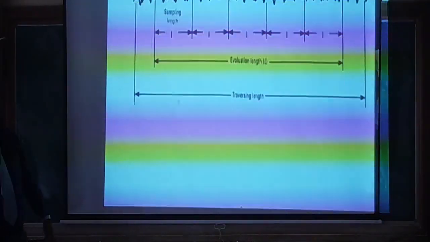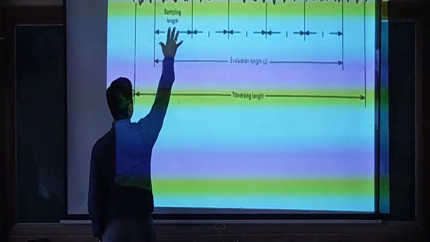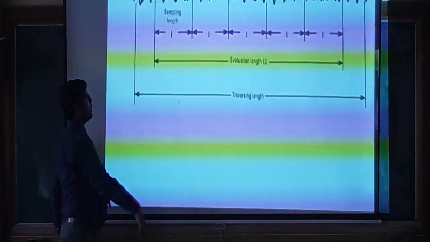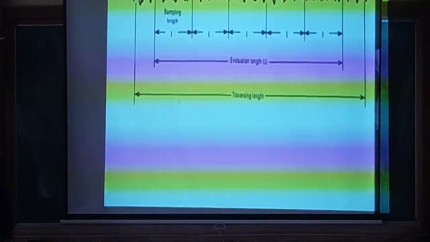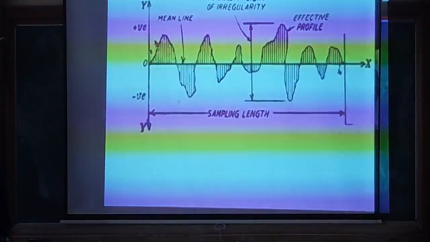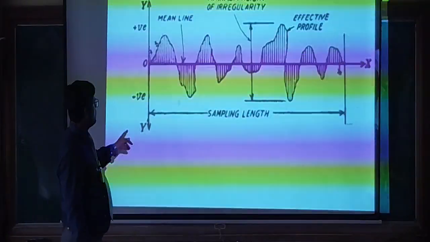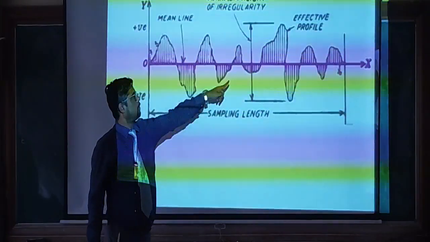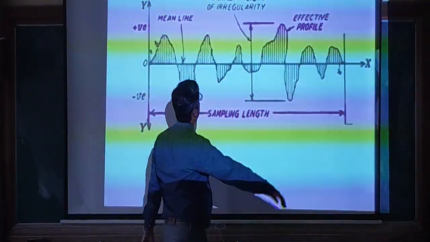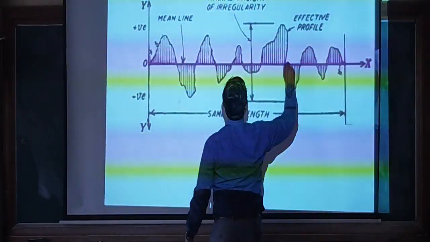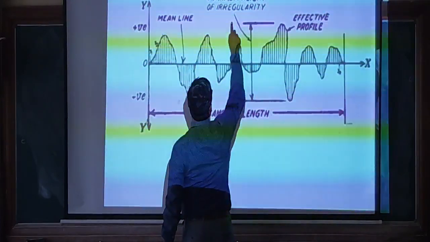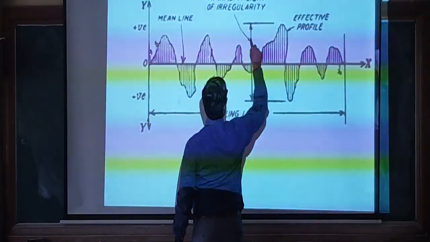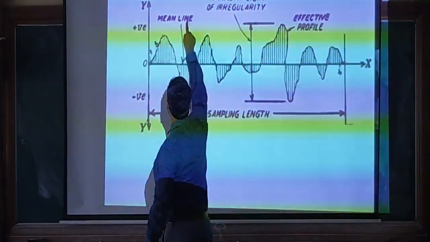So here sampling length L. Now I am just concentrating on this particular part. This is the sampling length. This is along the y-axis, y minus, y plus positive axis, about the 0. This is the effective profile, and this is the maximum height of the irregularity.